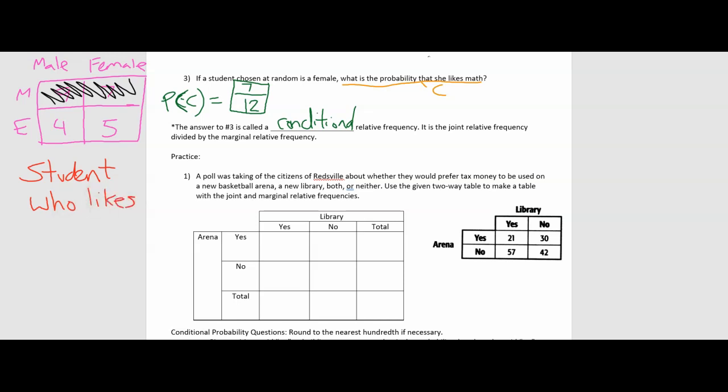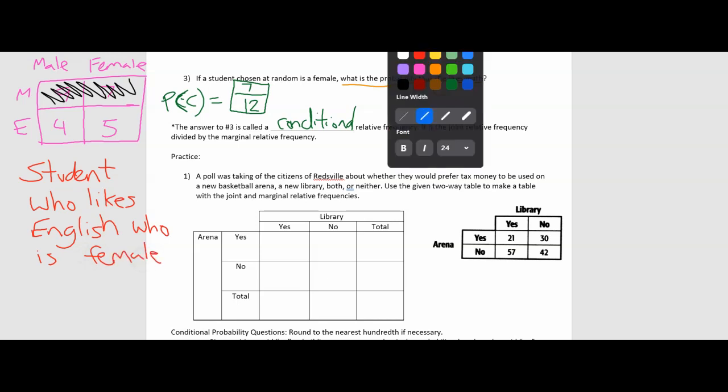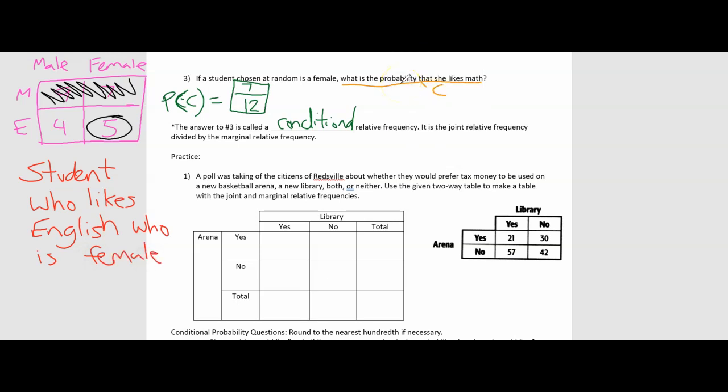Student who likes English who is female. Well, there are 5 females who like English, and there are 9 people who like English total. So the answer here would be 5 out of 9.